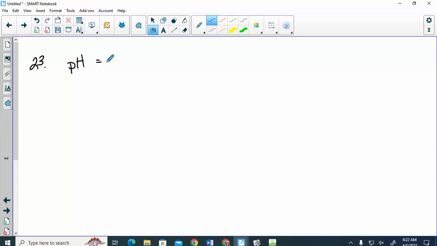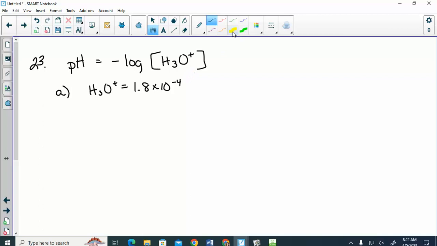Alright, 23. I gave you the pH equation, which I would on the test as well. You don't have to memorize that, you just have to be able to use it. So on part A, it says to find the pH, and it tells you H3O plus is 1.8 times 10 to the negative 4.